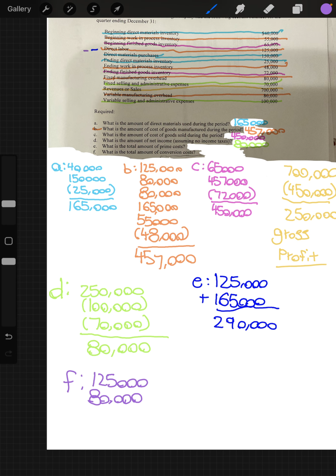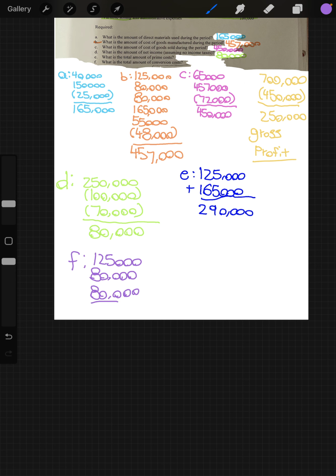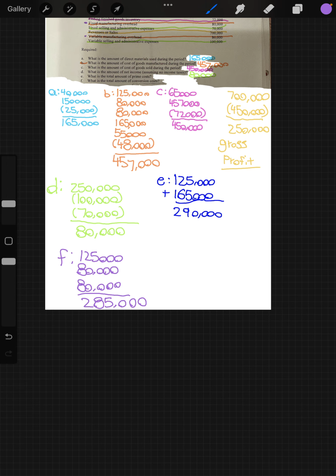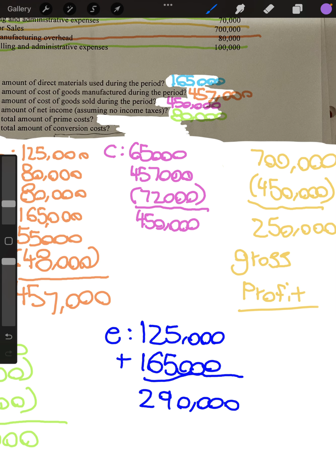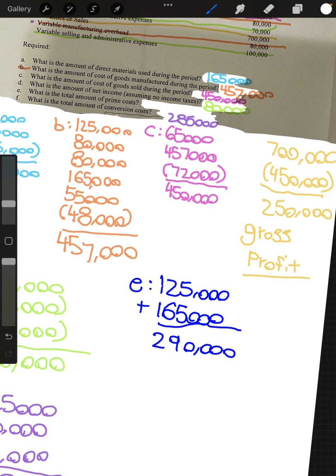And your variable manufacturing overhead, $80K. Add all these together, you get 285. 285,000. This one was 290.